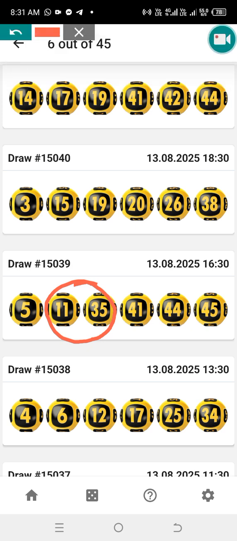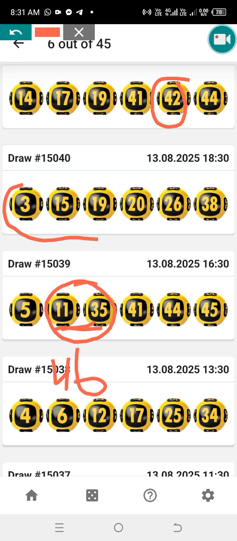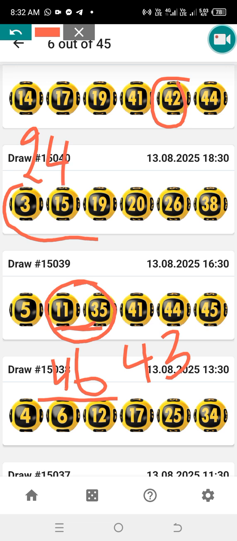Here when you do plus or minus it is 24 or 42. You skip a draw, you play your number. Here's 42. Then when you do plus it is 46, and 46 is 43. You just play 34, 42, 43. Because the numbers, we have a 24 or 42, then we have a 43.